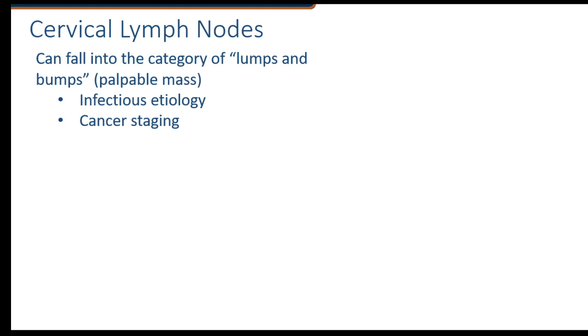For a sonographer, we tend to call these things lumps and bumps. This is the patient that has come in, felt a bump or lump on their neck, and it could be of different etiologies. For instance, it could be of infectious etiology if the person has had some kind of infection, could be viral, could be bacterial, whatever the case might be.